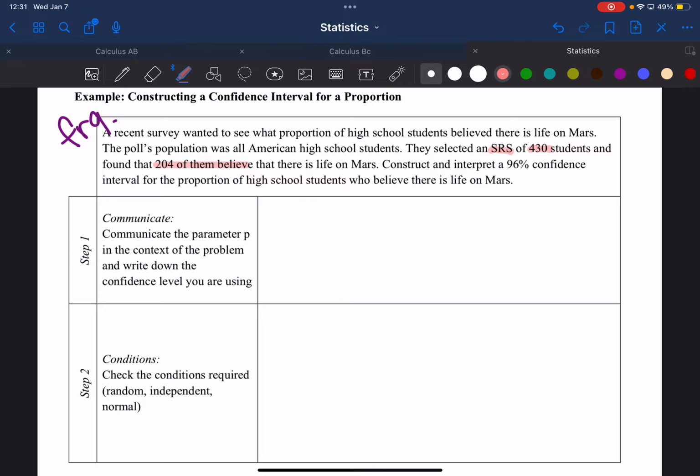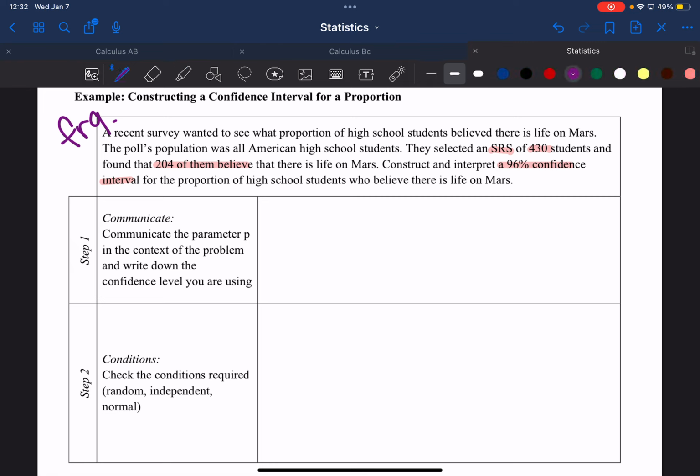Construct and interpret a 96% confidence interval for the proportion of high school students who believe that there is life on Mars. So we sampled this one high school, the All-American High School, and we're going to see if we can use this data to make a bigger prediction of all high school students.